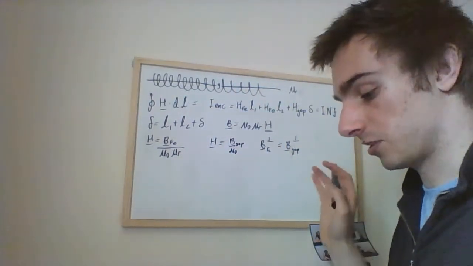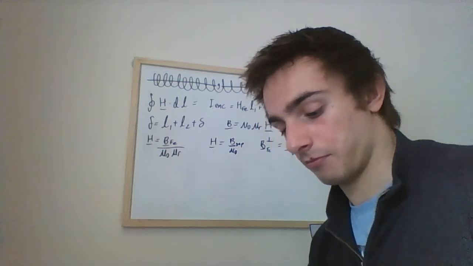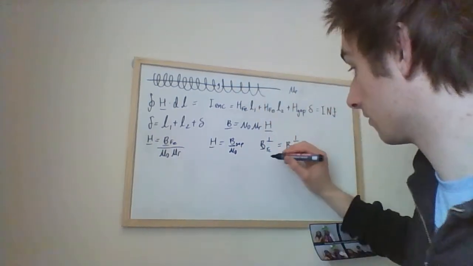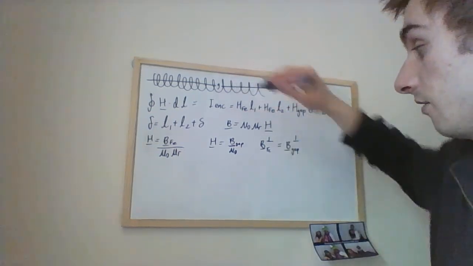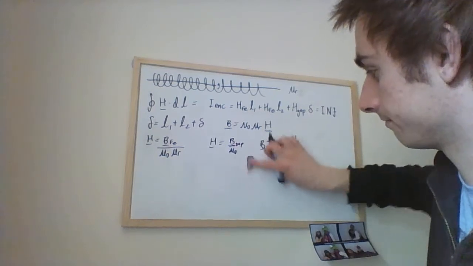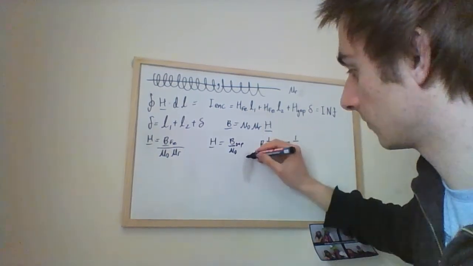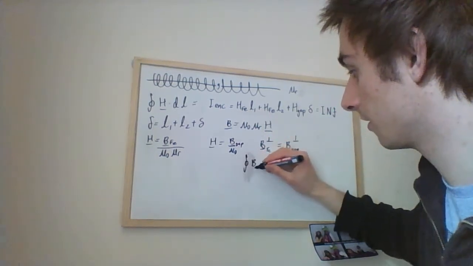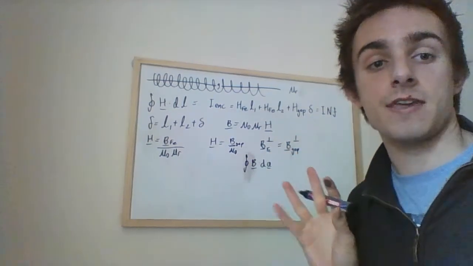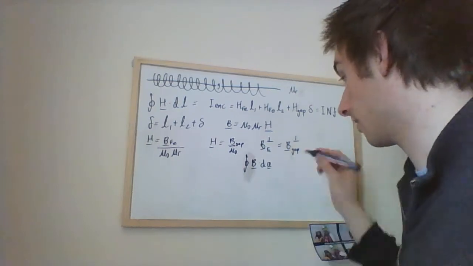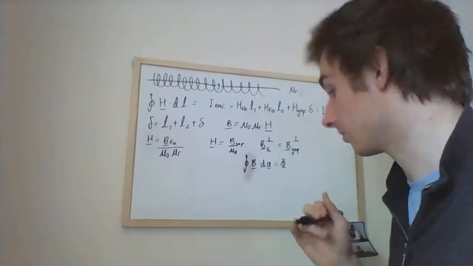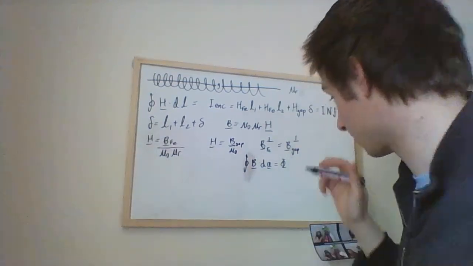And from this, and what we looked at with magnetic flux earlier, we can say that because these have the same areas, let me just write this out again just so it's clear. The flux is equal to the magnetic field lines going through an area, and these have the same area because they're going through the same uniform solenoid.